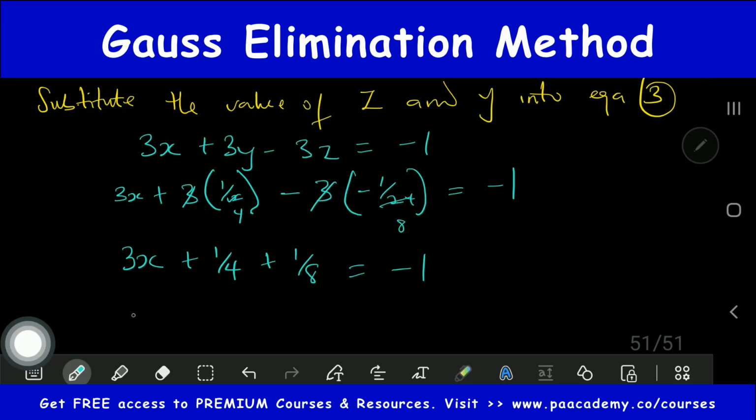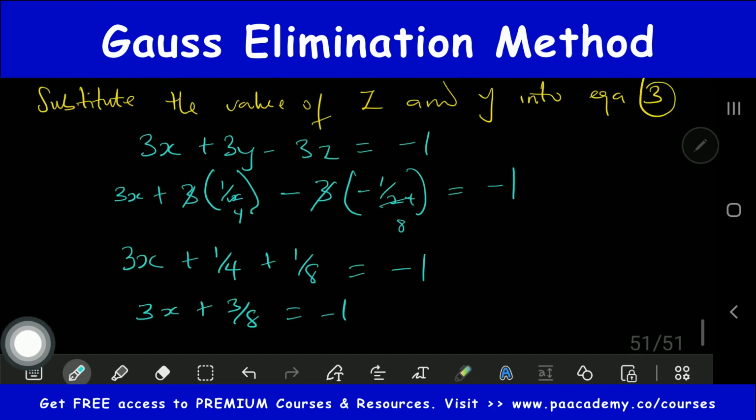So moving forward, at this point you can just use your mathematical knowledge to simplify this. We are having here 3x, and 1 over 4 plus 1 over 8 is going to give us 3 over 8.